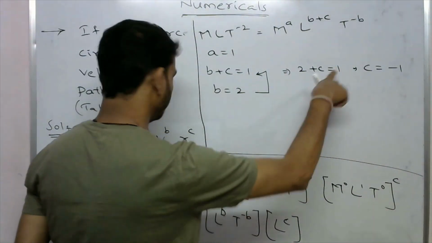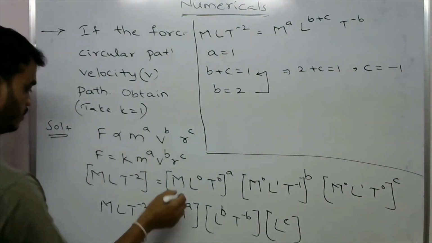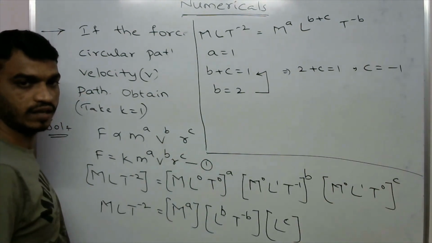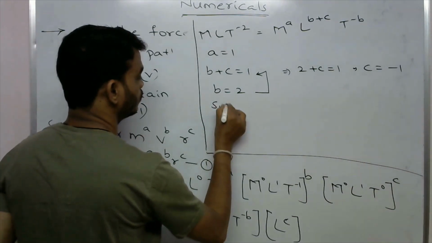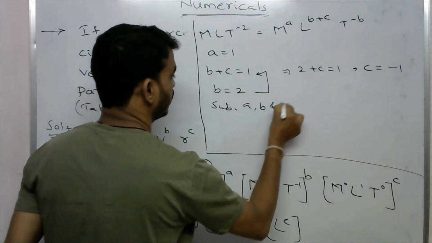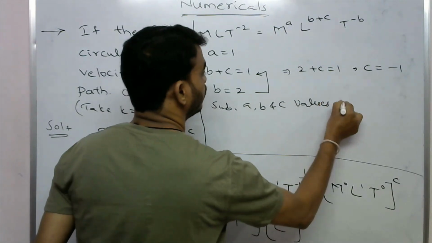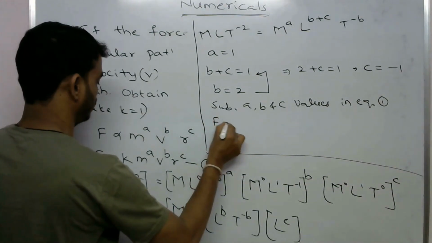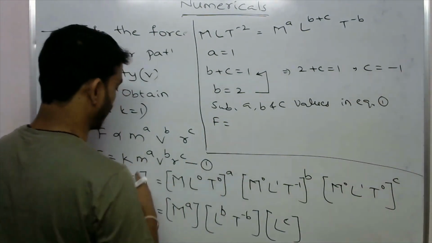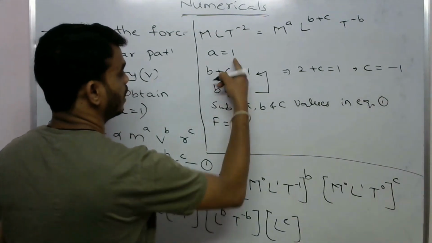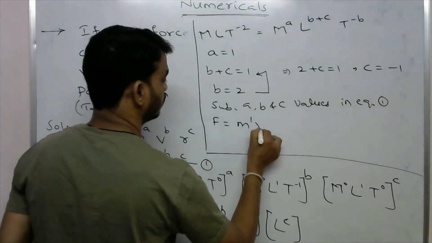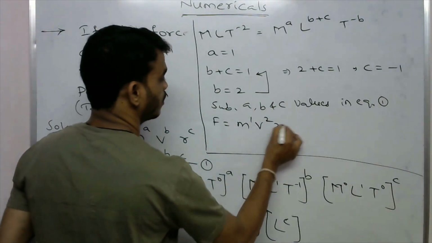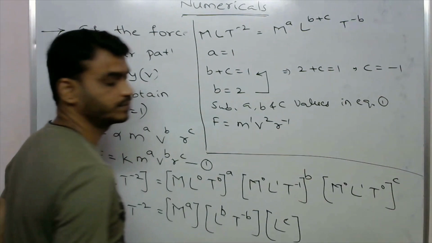Now substitute these values in equation 1. Substitute the a, b and c values in equation 1. So what we will get here, F is equal to k, whose value is 1, m, whose a value is 1, v, whose b value is 2, and r, whose c value is minus 1.